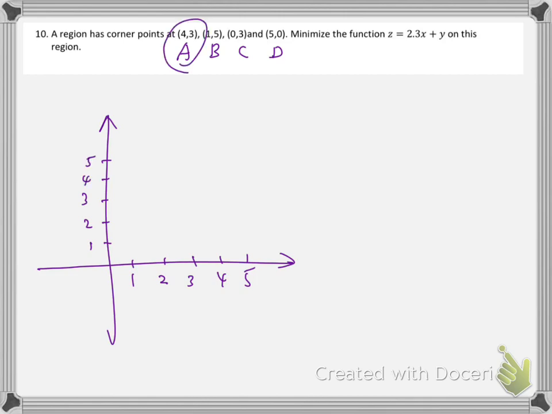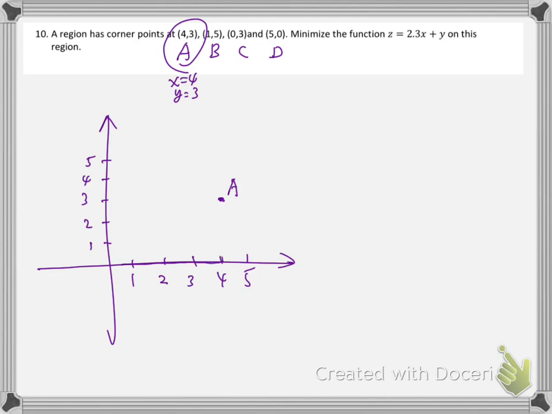A is 4, 3: x is 4, y is 3. You go x 4 and then go up 3.